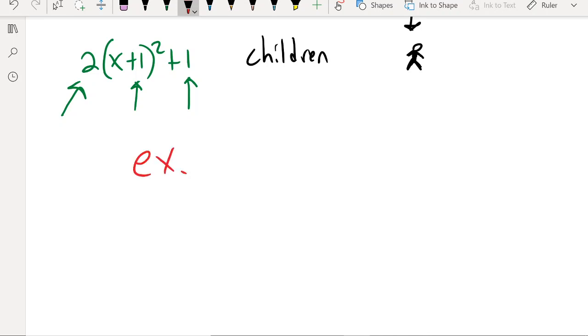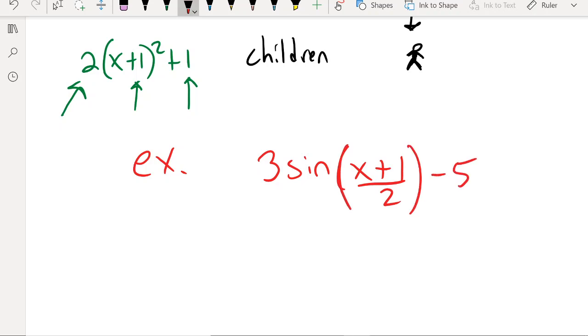Let's say I have 3 times the sine of x plus 1 over 2 minus 5. Okay, so the two things, and I'll type this out, the two things that you need to look for in order to identify the parent function, right? So to identify the parent function, here's what you need.